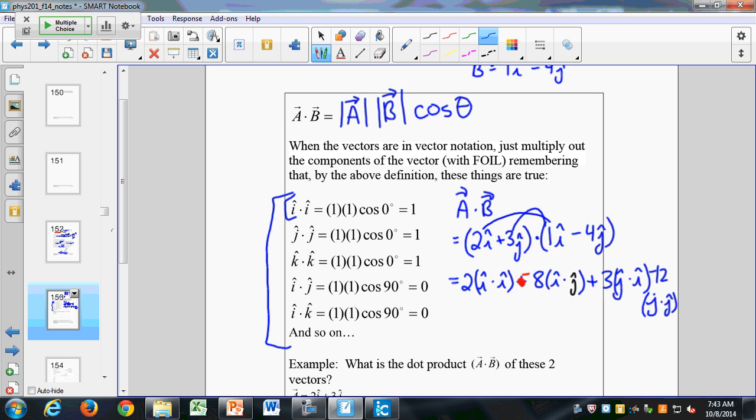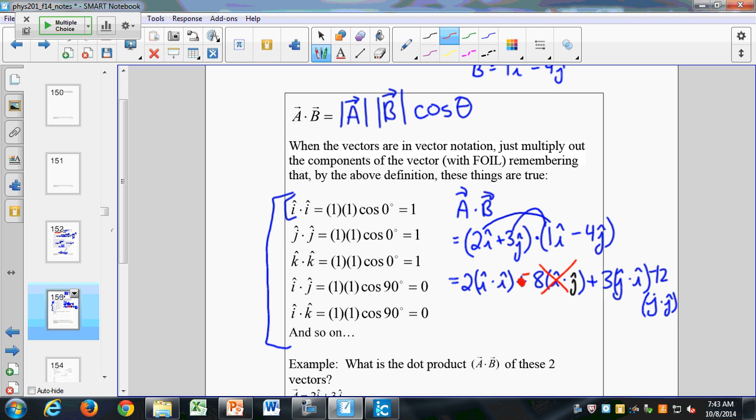Anytime you have two vectors that are perpendicular, there is no component of that second vector that's in the same direction as the first vector, so the dot product will be what? It'll be 0, right. So anytime you have two perpendicular vectors, their dot product is 0. So anytime you have i dot j, j dot k, j dot i, those dot products are always going to be 0.